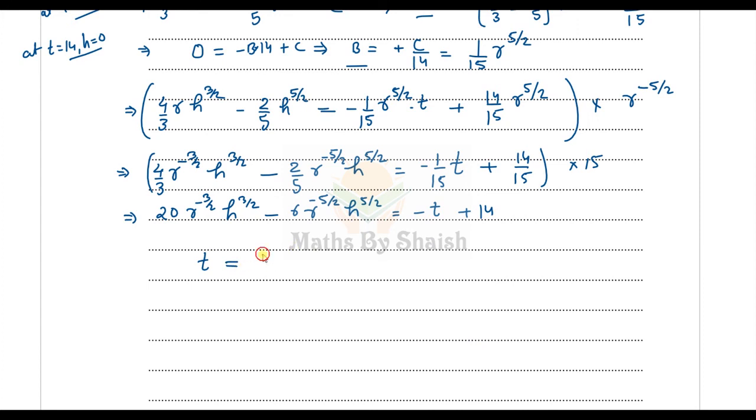We will get t is equal to 14 minus 20 r raised to the power minus 3 by 2 h raised to the power 3 by 2 plus 6 times r raised to the power minus 5 by 2 h raised to the power 5 by 2, because it's minus, so on this side it will become plus. We can see r and h have the same powers, only the sign is different.